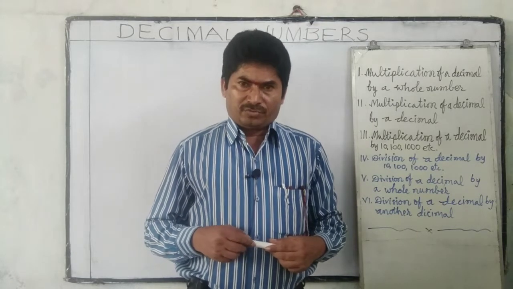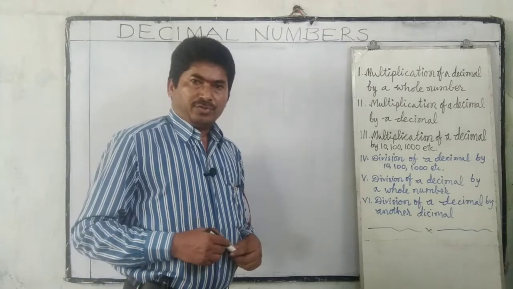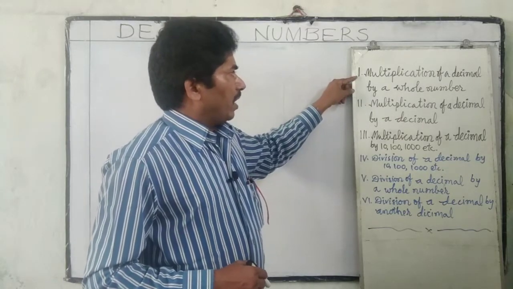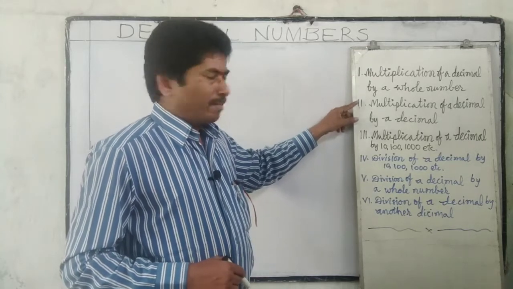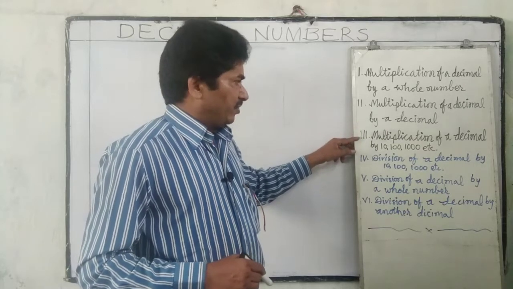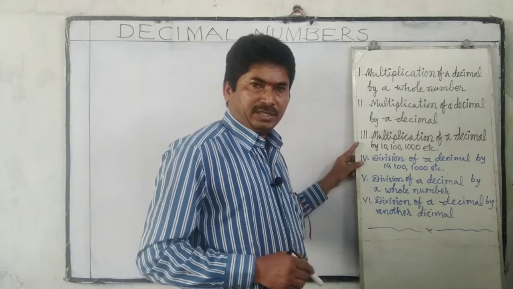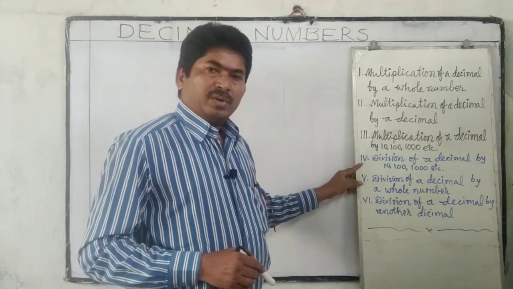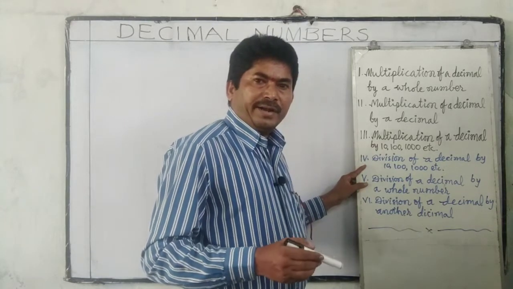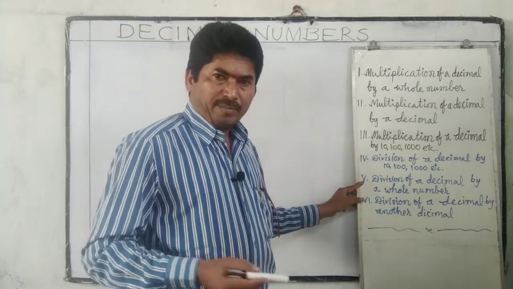Friends, in this video, I would like to teach you decimal numbers. In these decimal numbers, we are going to learn multiplication of a decimal by a whole number, multiplication of a decimal by a decimal, and multiplication of a decimal by 10, 100, 1000, etc. And division of a decimal by 10, 100, 1000, etc. Division of a decimal by a whole number.